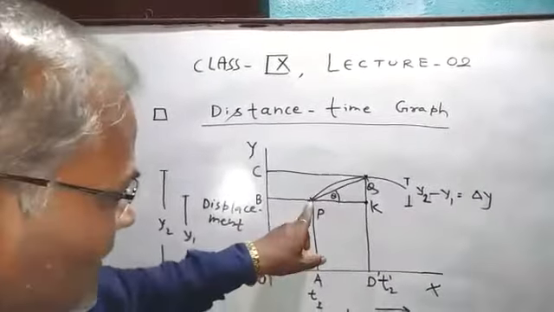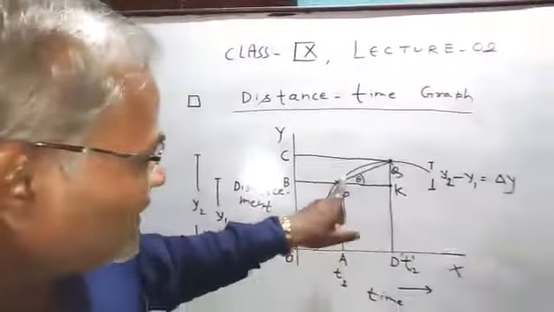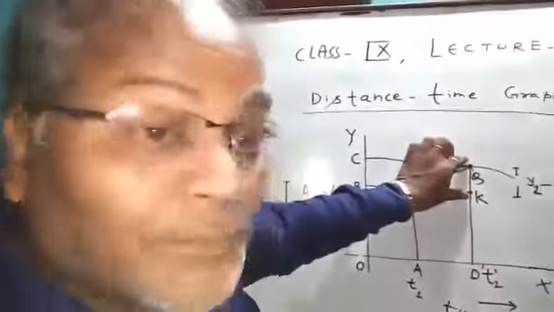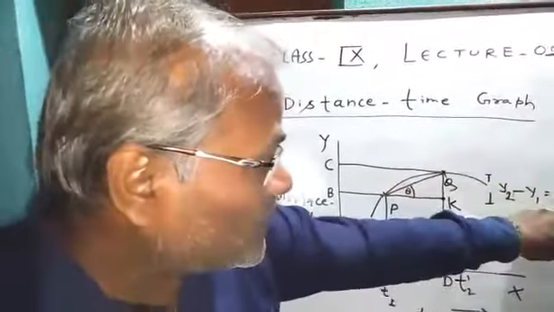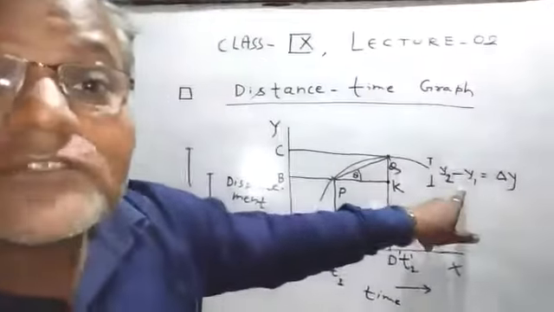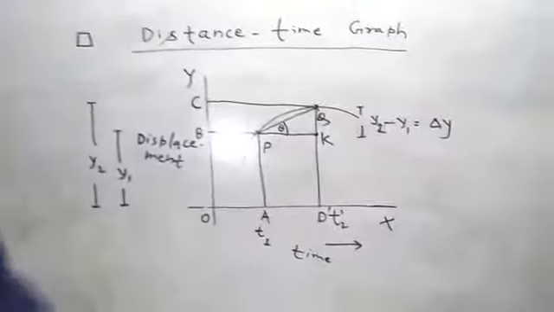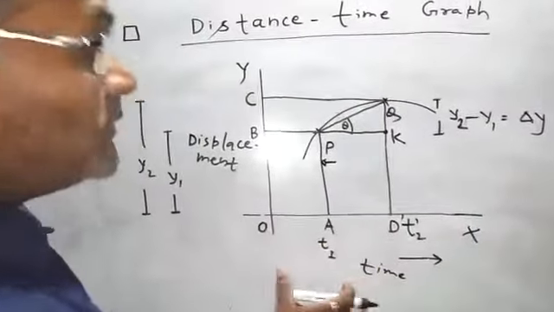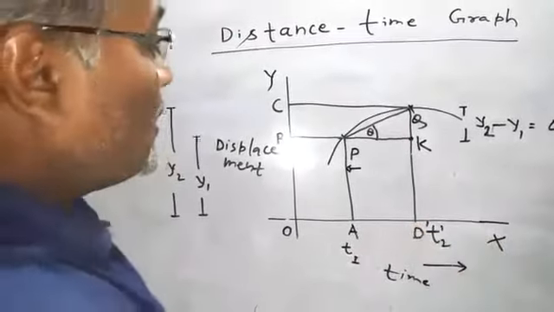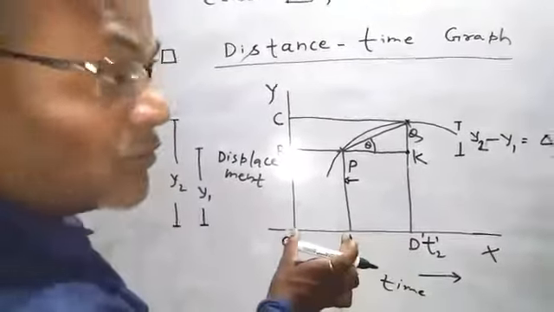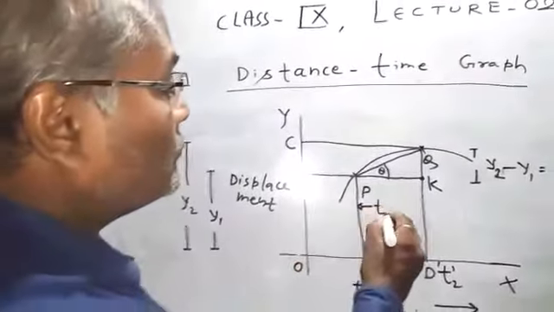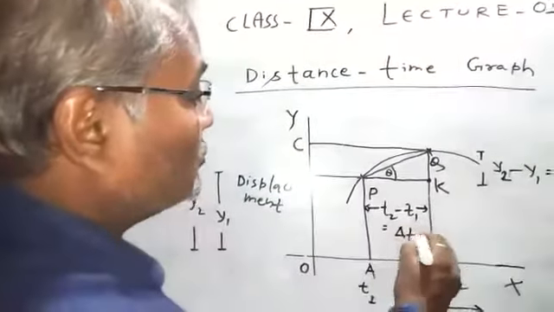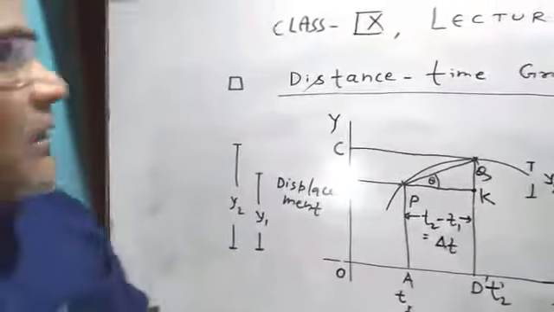Whenever the body starts moving from point P and reaches point Q, the change in position is y2 minus y1. Similarly, since time is plotted along the x-axis, t2 minus t1 is the change in time.